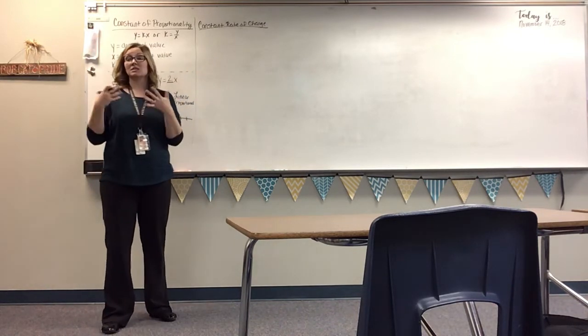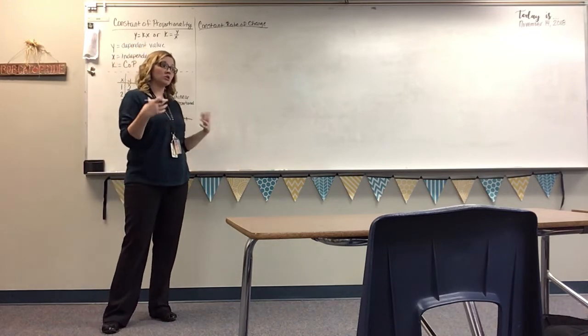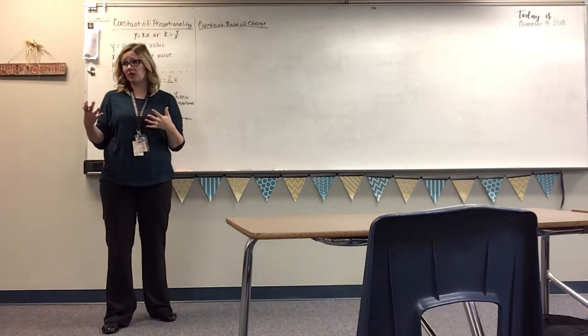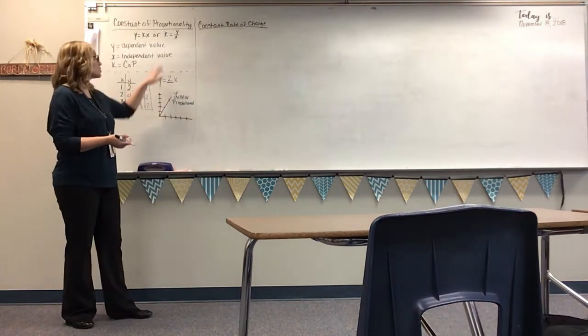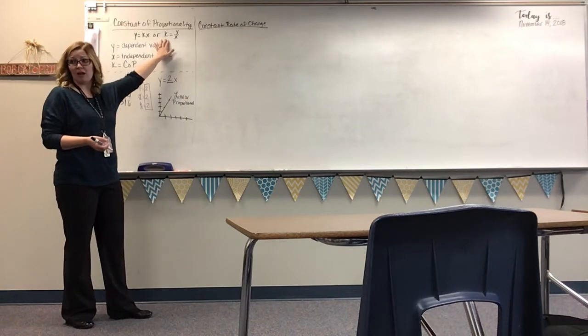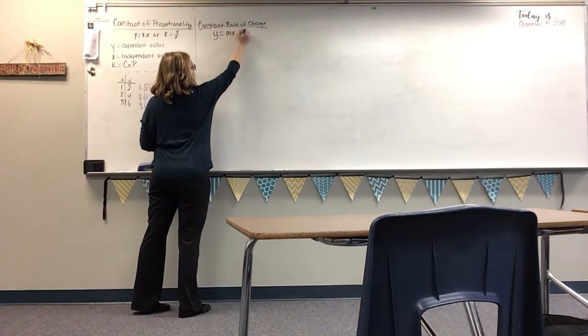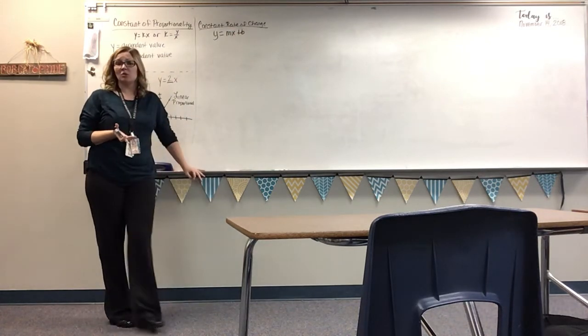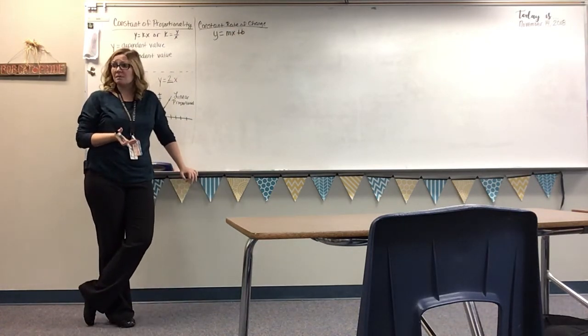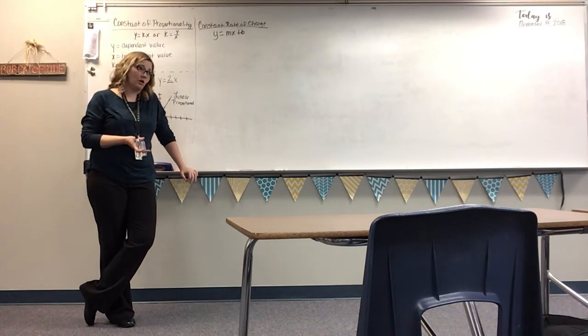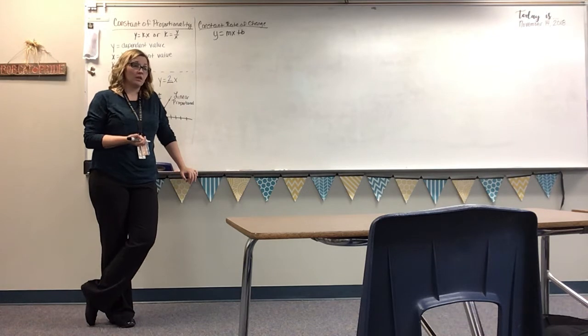We're going to then call it slope. We also sometimes call it direct variation or constant of variation. When the relationship is proportional, we use a K to represent that. When the relationship is not proportional, we use an M. I don't know why we have so many different ways of saying this. All I know is that I'm required to teach you all of them.